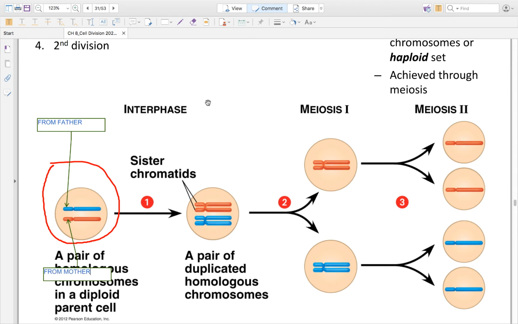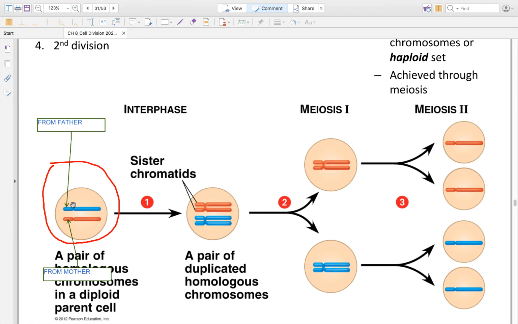And we're not going to draw out 46 chromosomes, 23 pairs is too much, right? So we work with no more than 6 at a time for learning and teaching. Here we have one set of homologous chromosomes, and you know they're homologous because they're the same size and shape, and their centromeres align.